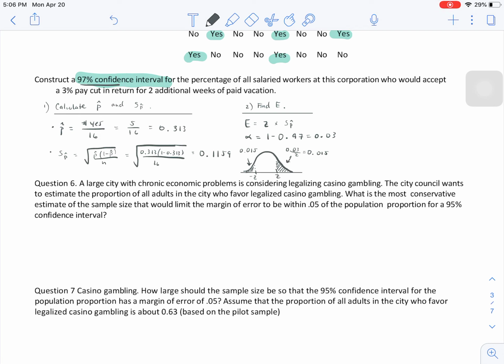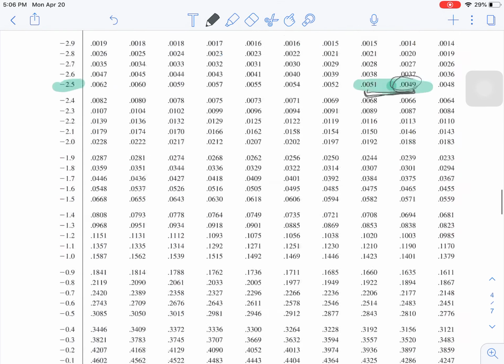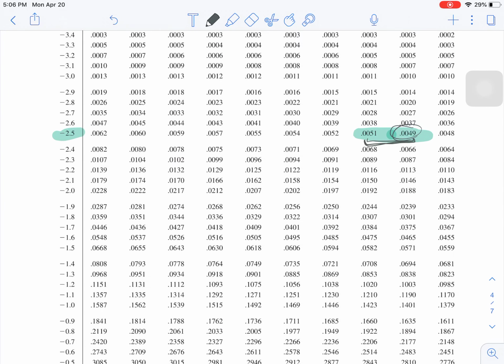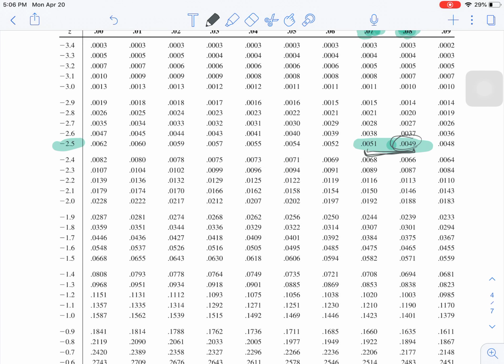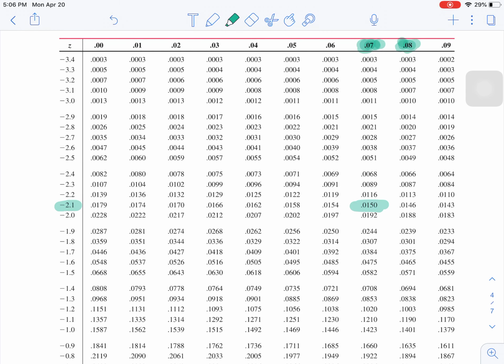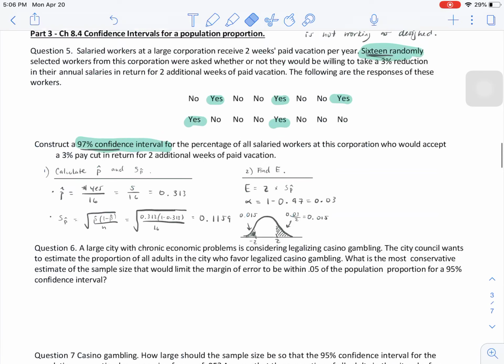So now I'm going to look in my z-table and find the z-score with an area to the left of 0.015. If I do that, I can see that I see 0.015 right here. And the z-score corresponding to an area to the left of 0.015 is negative 2.17.